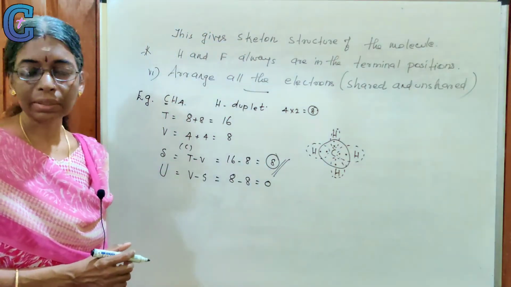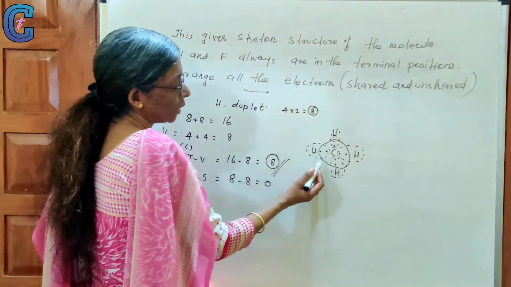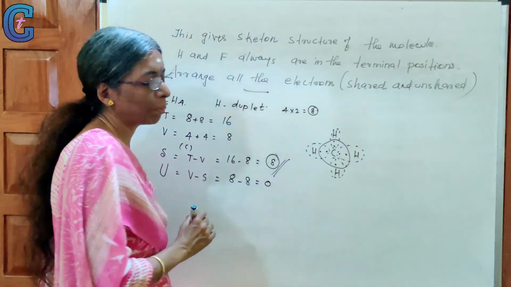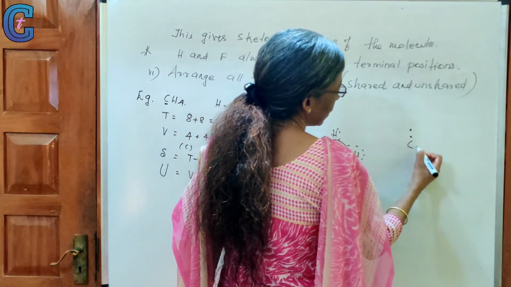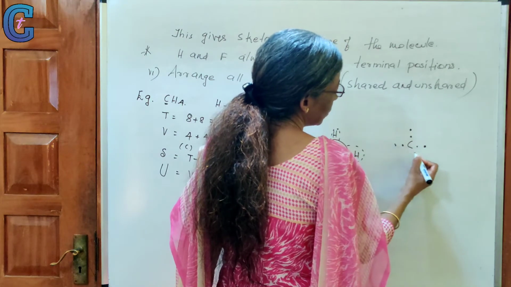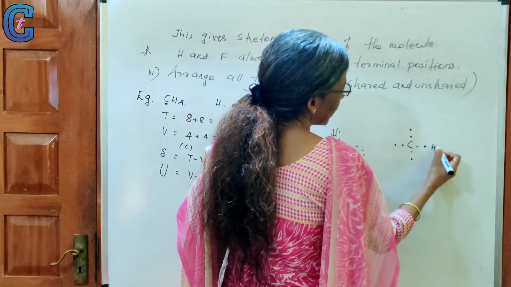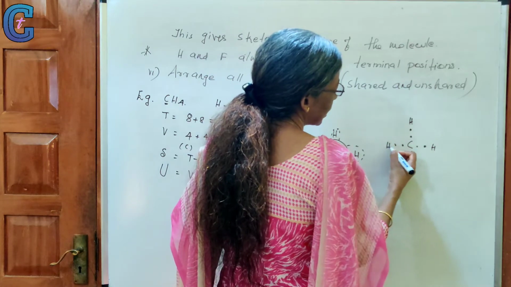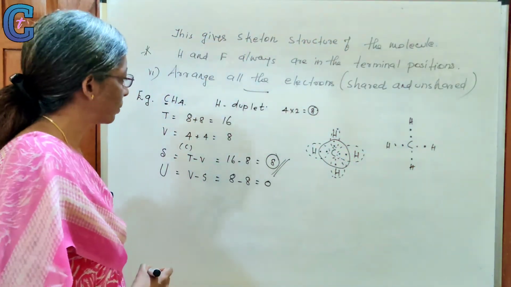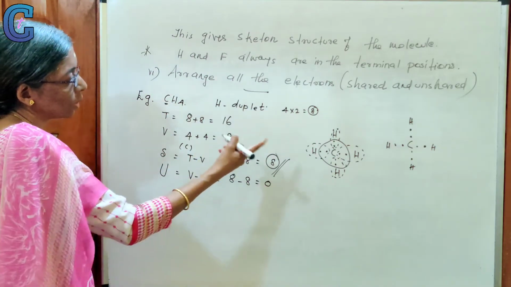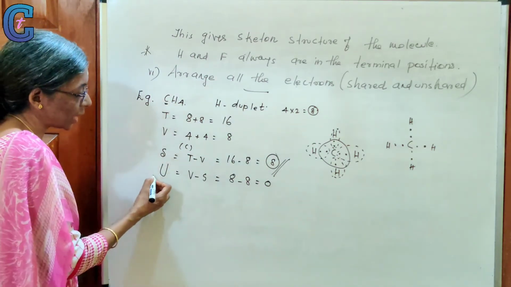It is not necessary to draw lines, you only have to represent by dots. So this is for methane, and this compound doesn't contain any unshared electron.